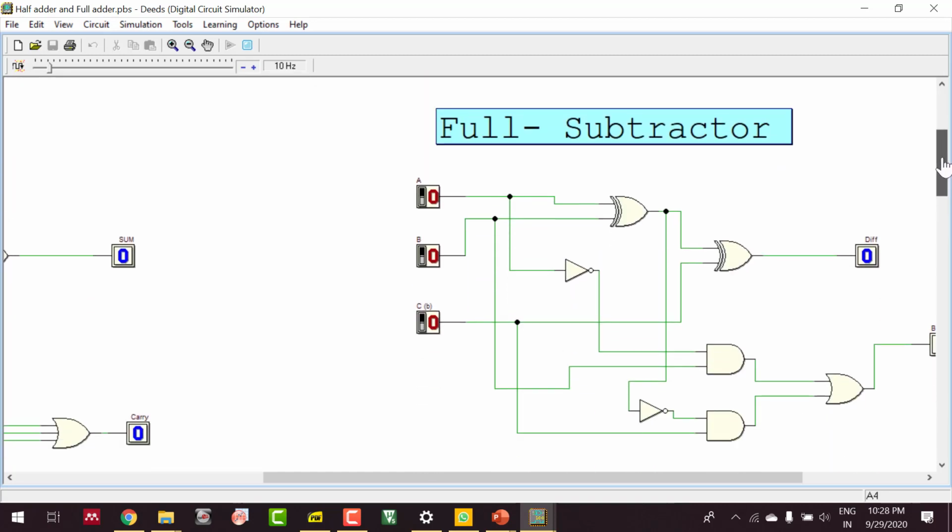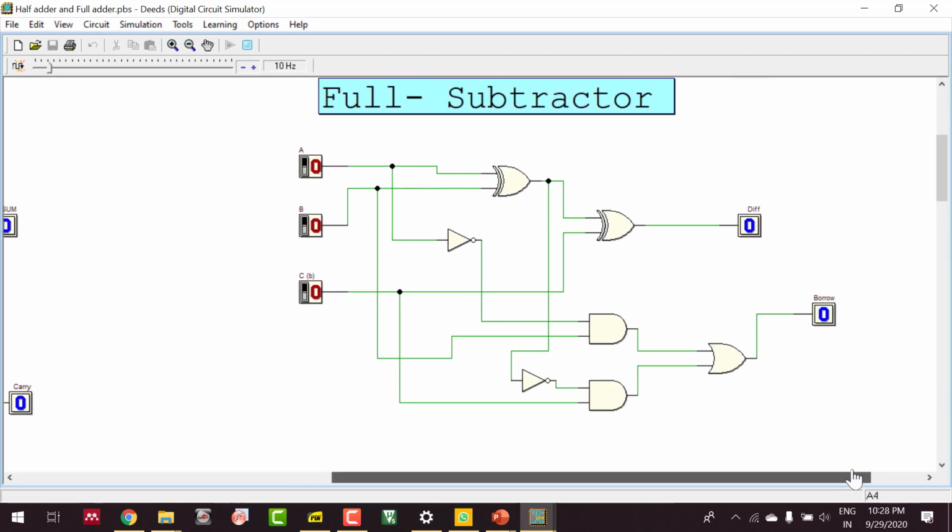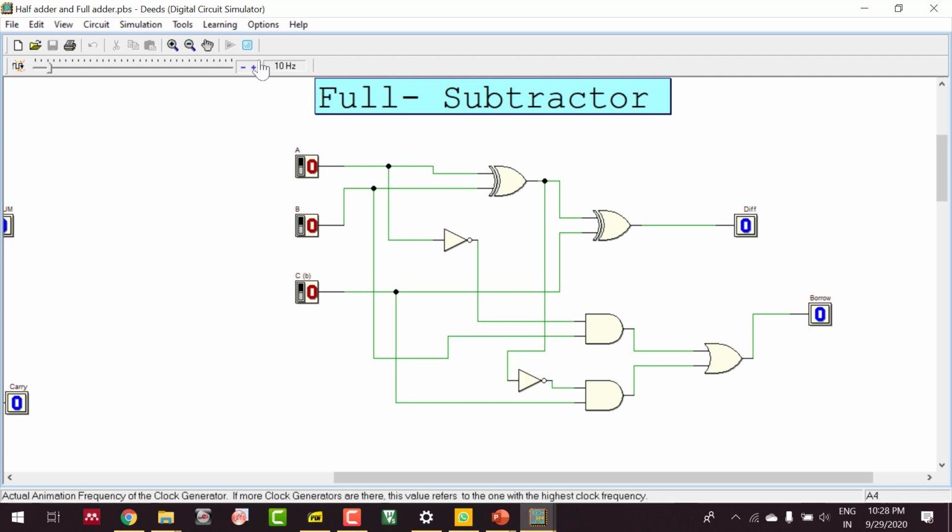Now we'll see the full subtractor. Let's take a simple example. Let's make A and B as 1 and 1. If you look here, 1 minus 1 will be 0, and 0 minus 1 needs a borrow. That means your borrow becomes 1. When you take the borrow, that becomes 10, and 10 minus 1 will be 1. So you are going to produce a difference of 1.